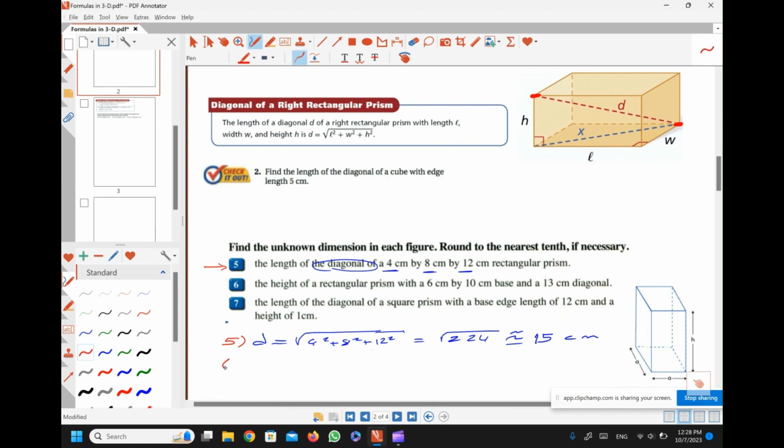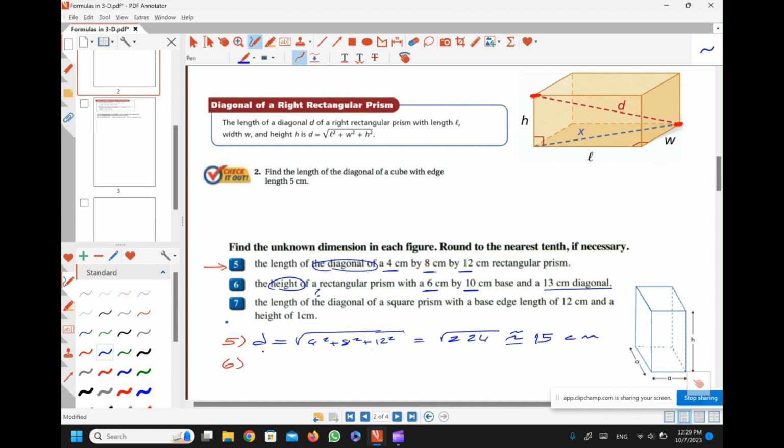What about 6? In 6, we are not given the height. Height is missing. We are given the dimensions, width and length, and we are also given the diagonal. So this time the diagonal is not missing, height is missing. So replace what's given back into the formula.